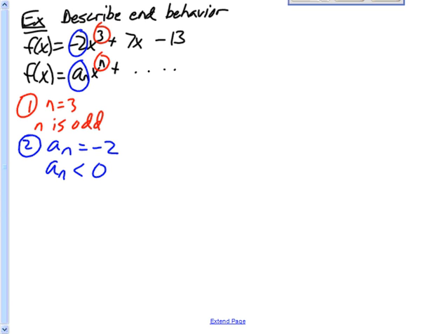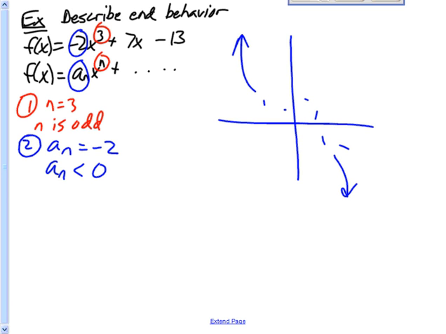So if n is odd and the leading coefficient is negative, it behaves like negative x cubed, which is something like that. Again, I don't know what's going on in between, but I do know it goes up to the left, down to the right.